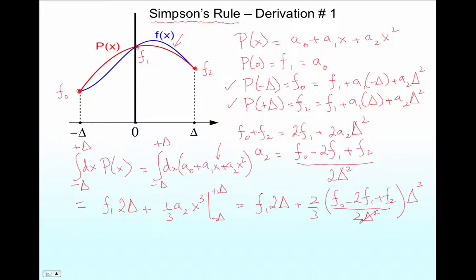Now this delta squared will go with 2 powers over here, this 2 will go with this, and when we write this out, let's take delta over 3 common. This then becomes f0 plus 4f1 plus f2. And that's the area under the red curve over here.